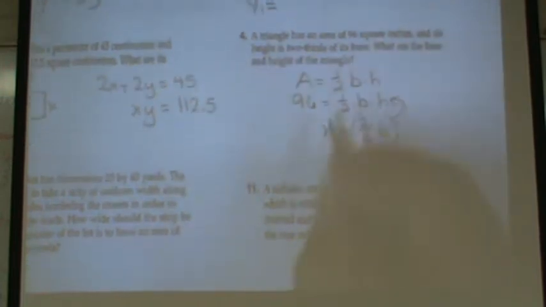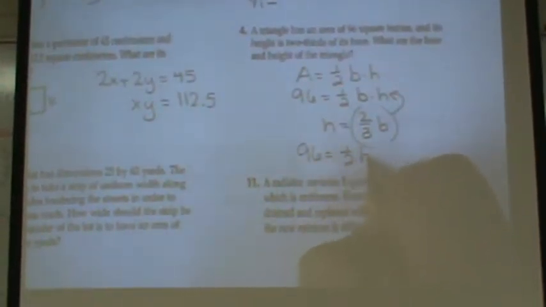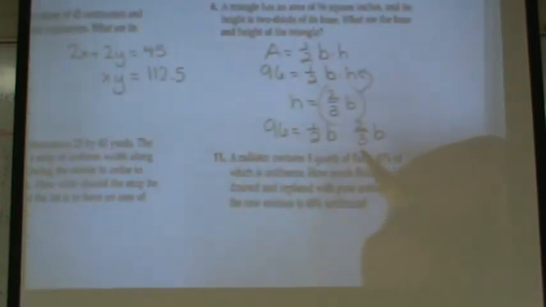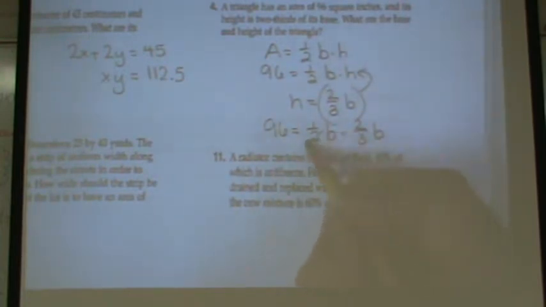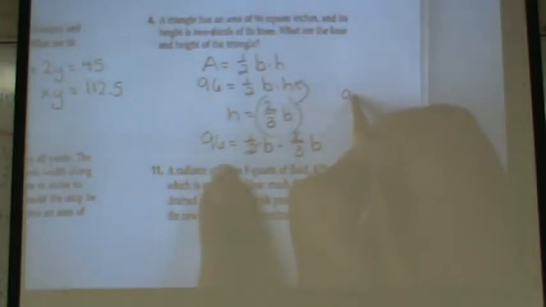So you have 96 equals 1/2 b times 2/3 b. Now you can simplify this. These 2's will cancel, and b times b is b squared. So a simplified answer would be 96 equals 1/3 b squared.